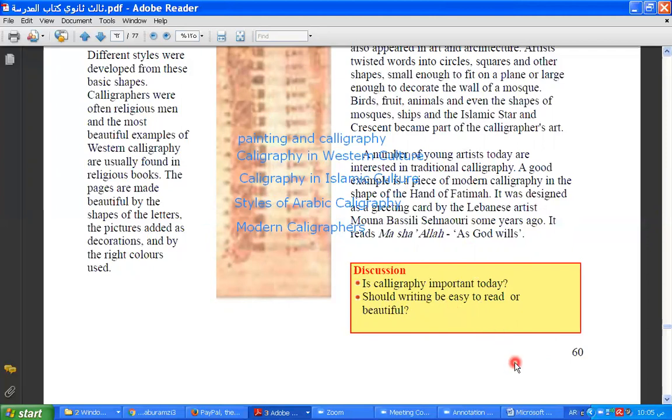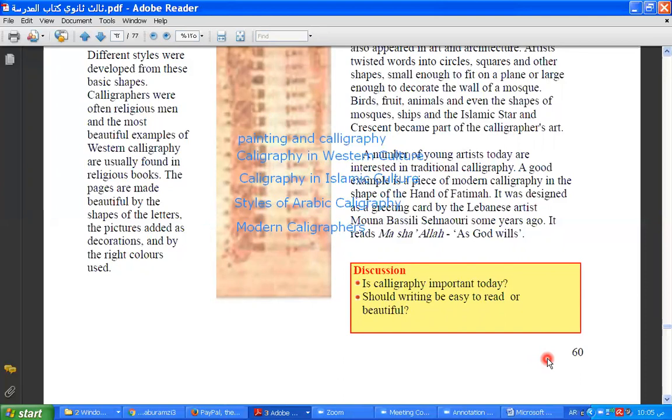As the second question, should writing be easy to read or beautiful? I believe it depends. If it's in a form of teaching and learning, it definitely should be more easy than beautiful. It's more important. So you mean if it is for giving information, like a scientific book, it shouldn't be beautiful.